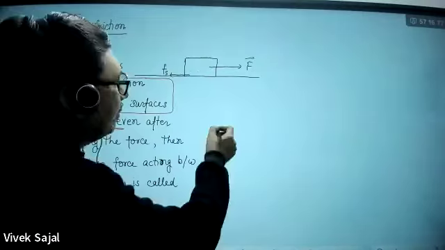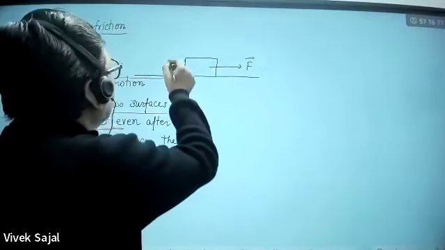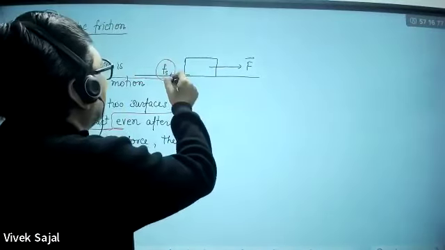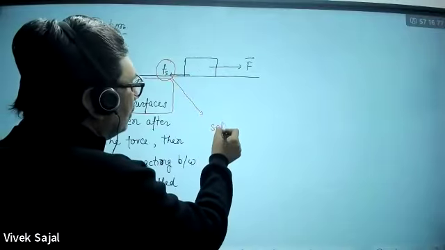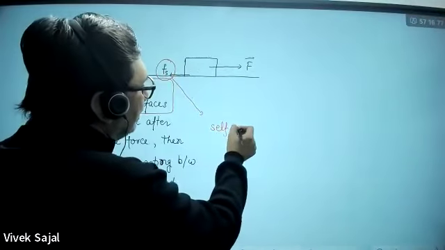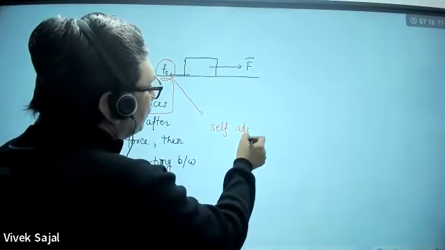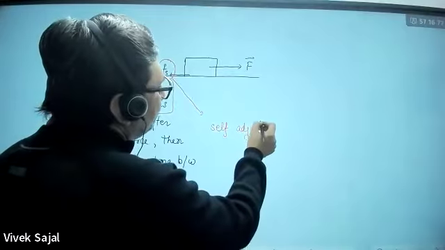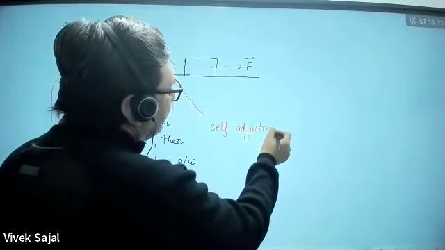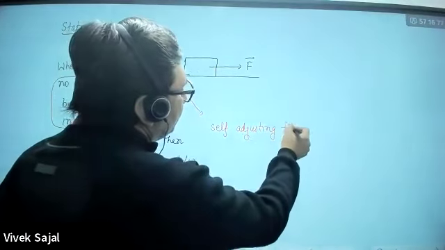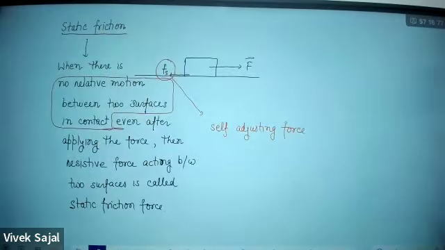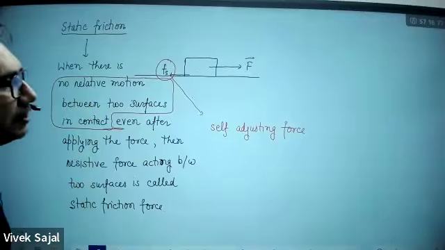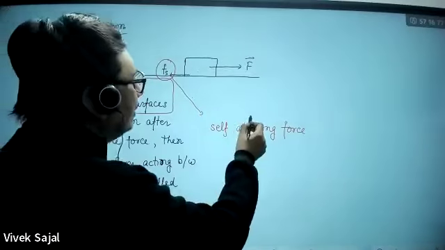And what is important about this static friction force? The most important part is that this is a self-adjusting force. Another important aspect of the static friction force is that it is self-adjusting.